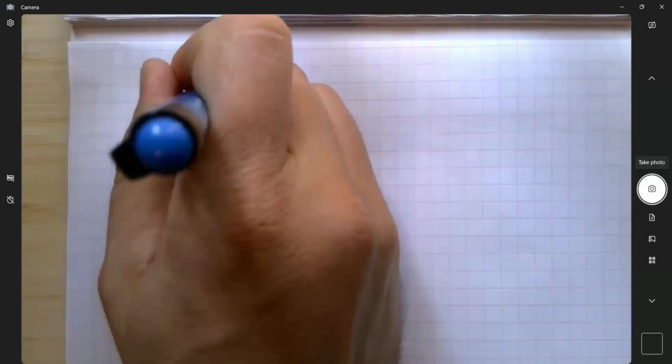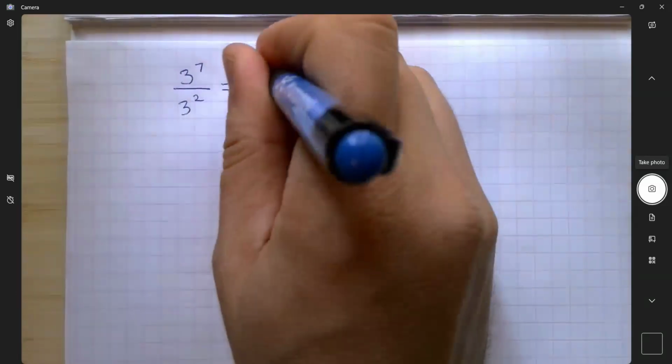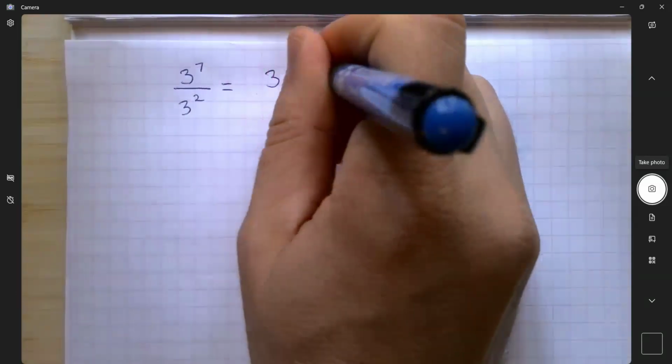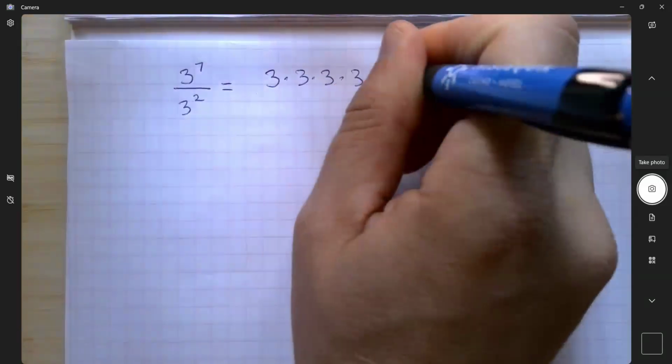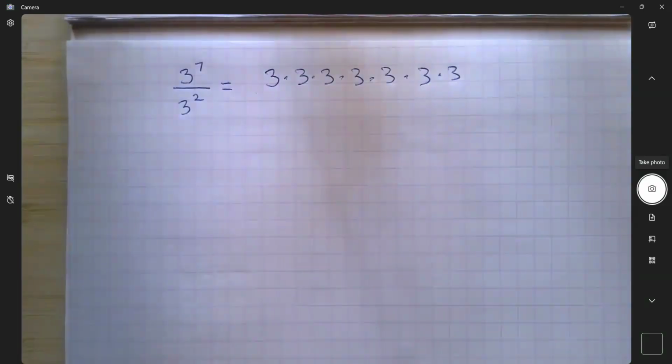Let's look at 3 to the 7th, and now I'm going to divide it by 3 squared. Since exponential notation is repeated multiplication, I can write out the multiplications on the top and the bottom.